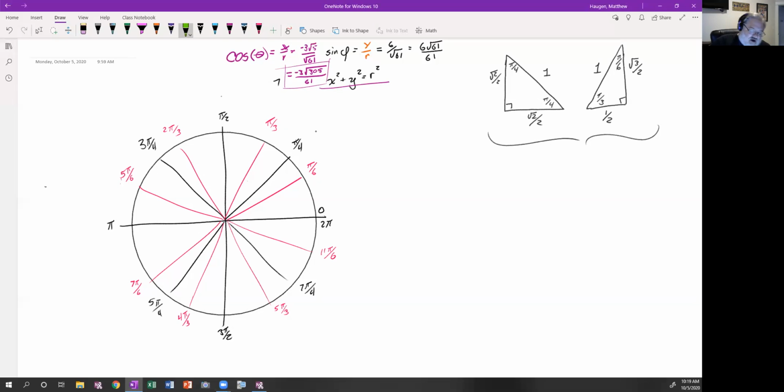But if we allow the radius of this circle to equal 1, this becomes our unit circle.